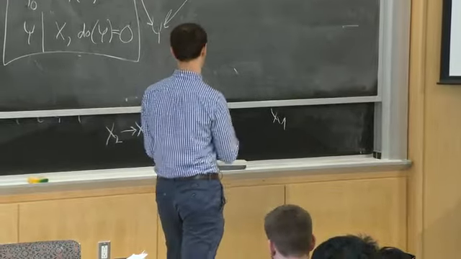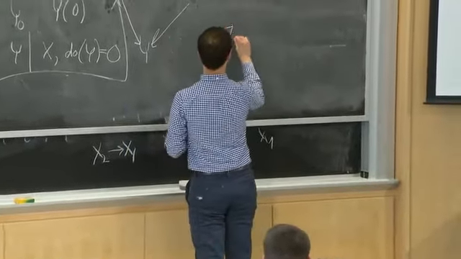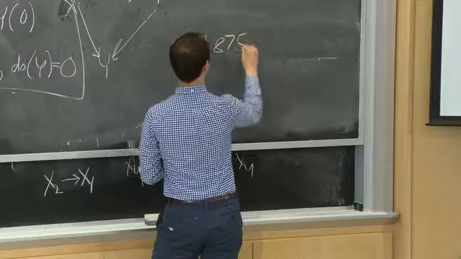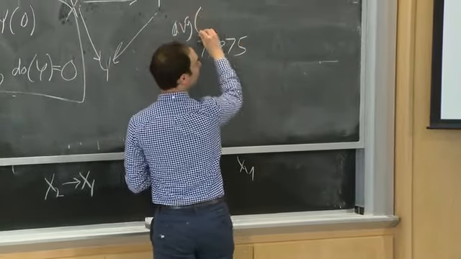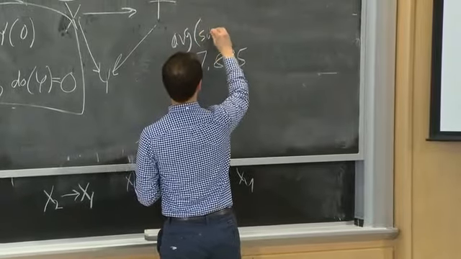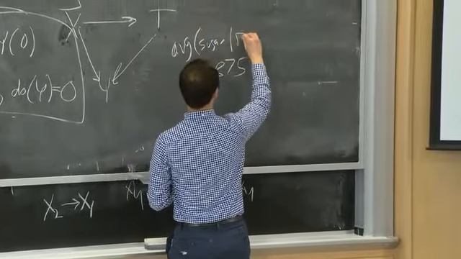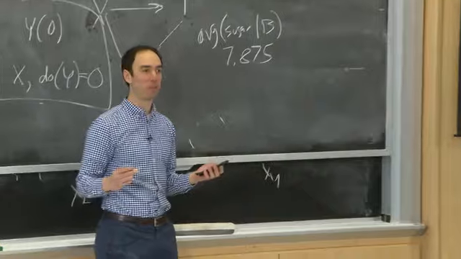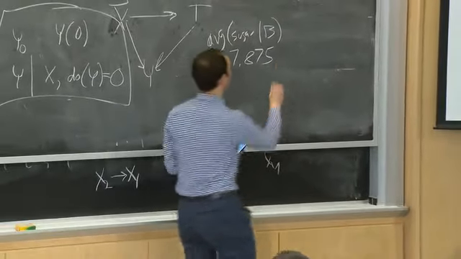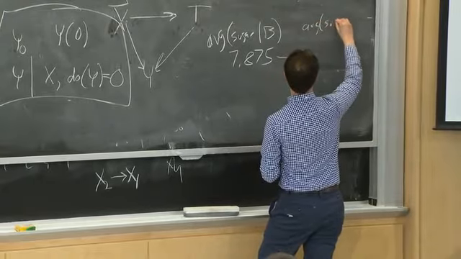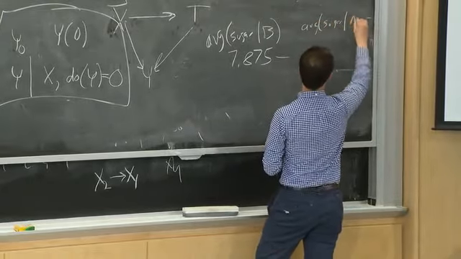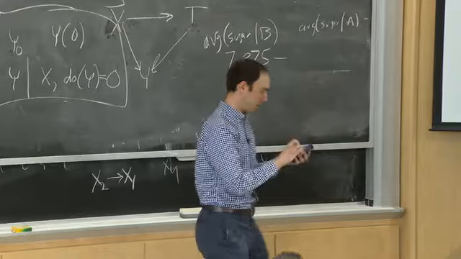I'm getting 7.875 for the average sugar given that they receive medication B. Is that what other people are getting? Yeah. All right, what about the second number, average sugar given A?